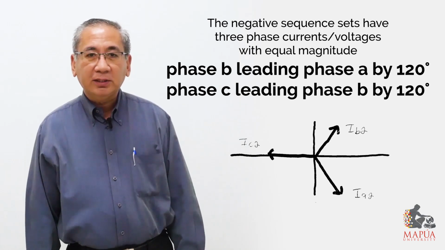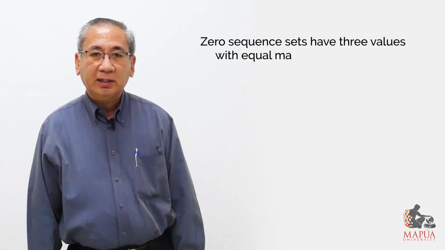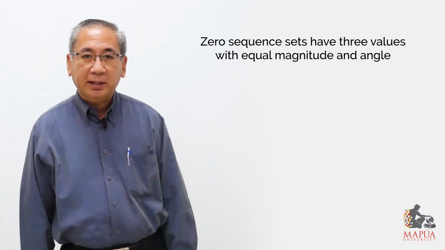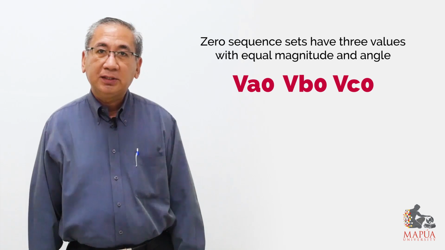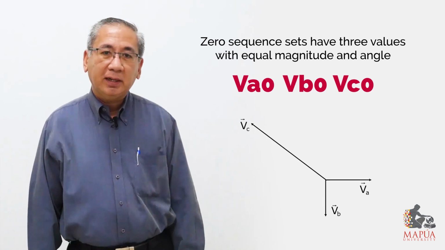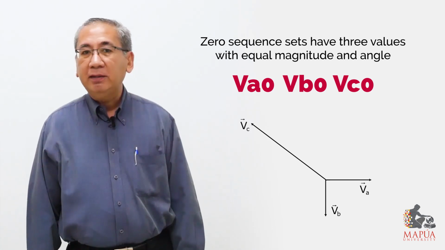And lastly, for the zero sequence network, these are sequence sets having three values with equal magnitude and angle. So you have the VA0, VB0, and VC0. As an illustration, we have here three unbalanced voltages, VA, VB, and VC.